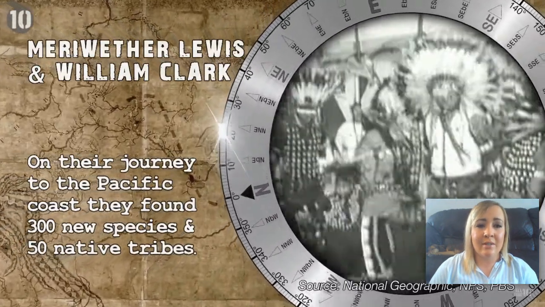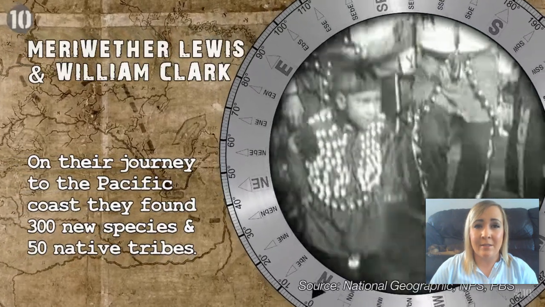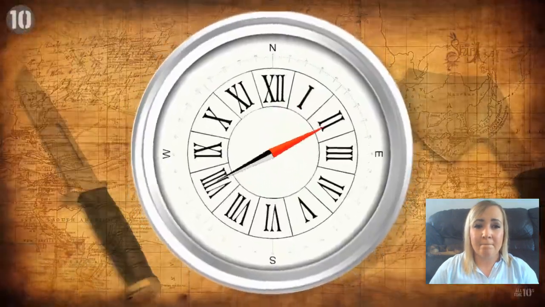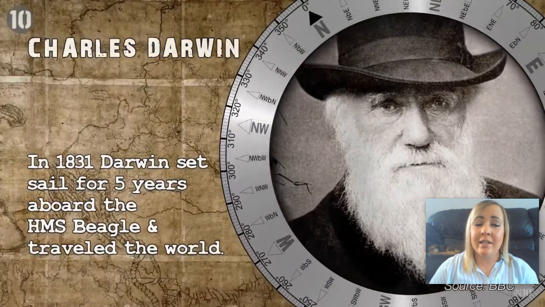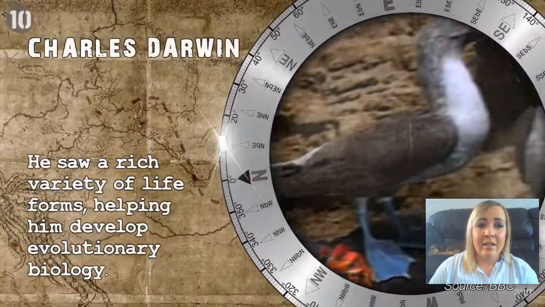On their journey to the Pacific coast, they found 300 new species and 50 native tribes. Charles Darwin. In 1831, Darwin set sail for 5 years aboard the HMS Beagle and traveled the world. He saw a rich variety of life forms, helping him develop evolutionary biology.